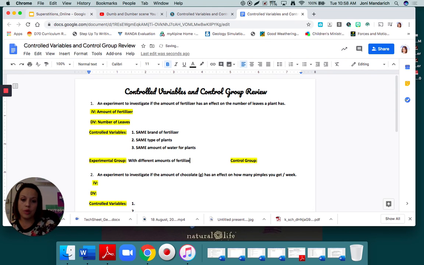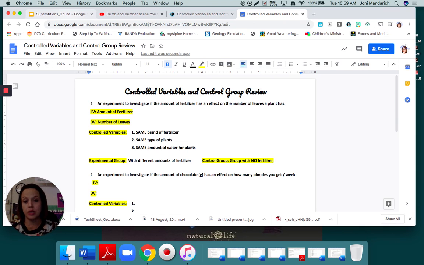And my control group is going to be either a group with no fertilizer, or some of you little smart children are saying, couldn't it be a group where I don't change the amount of fertilizer? And the answer is yes, you are right.